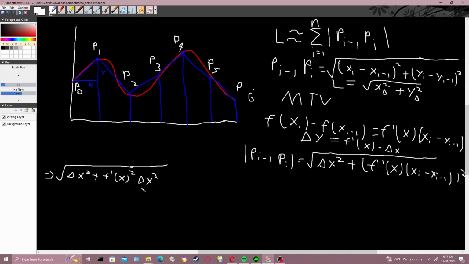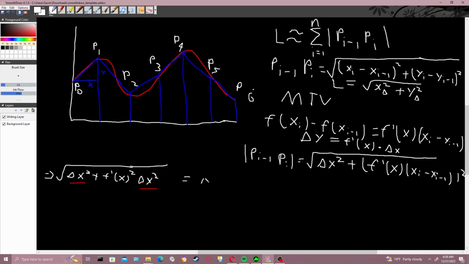And this very specific value, as you can see, the change in x squared is seen both here and here, which means that we can now take out our change in x.